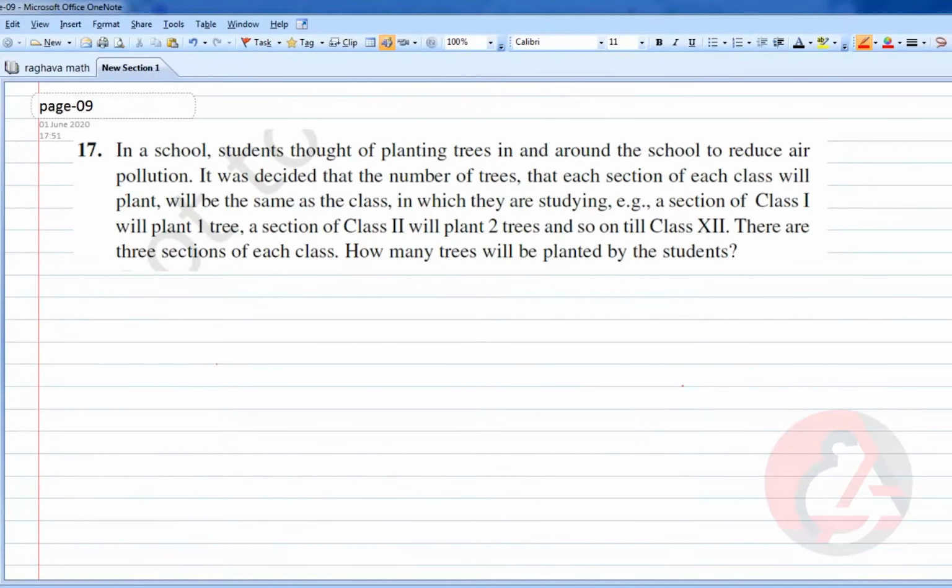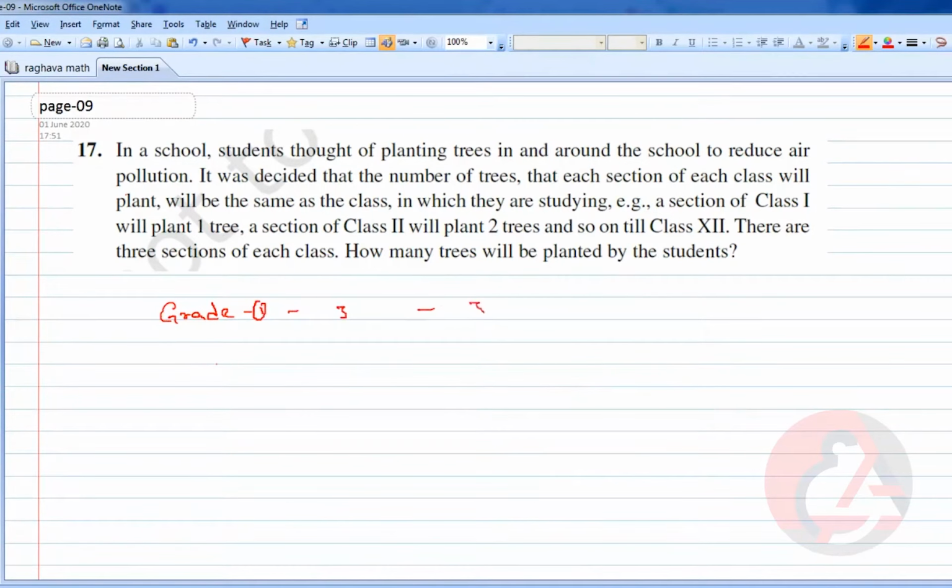May I know how many trees will be planted by grade 1? There are 12 grades in the school. Somebody open the mic and let me know. 3 trees, because grade 1 has 3 sections.